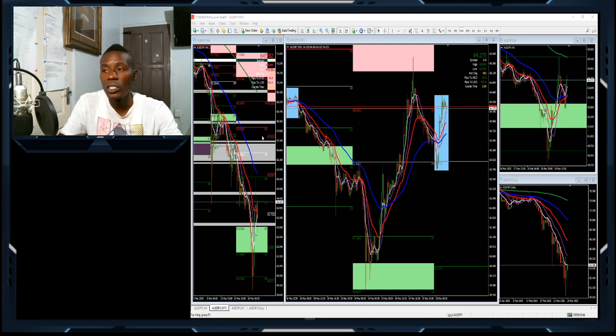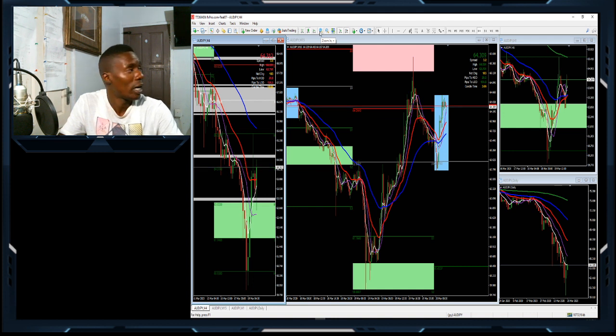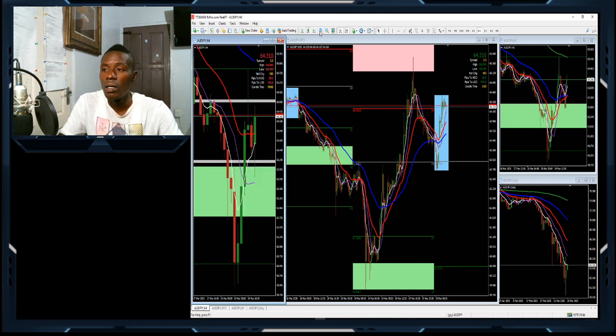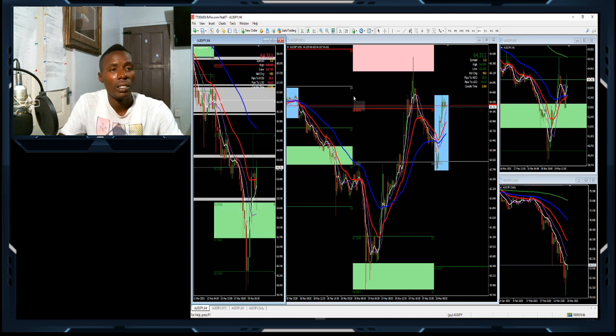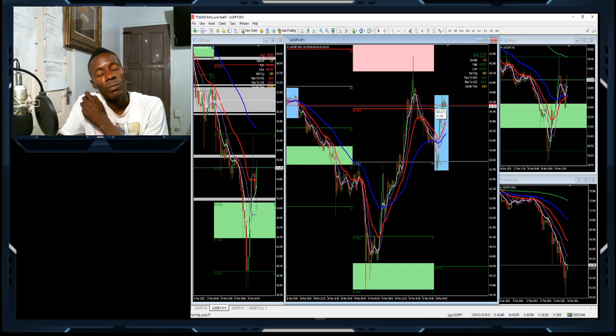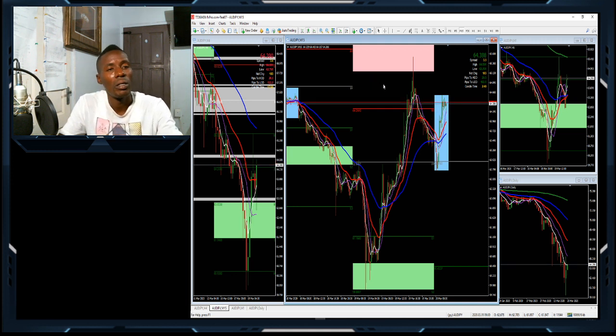I have the 4 hour chart on the extreme left with the pivot points that I use, which are weekly and monthly pivot points. I'll increase the size so you guys can see what's really happening, right? And in the middle right here, this is my execution chart, this is where I execute the positions.